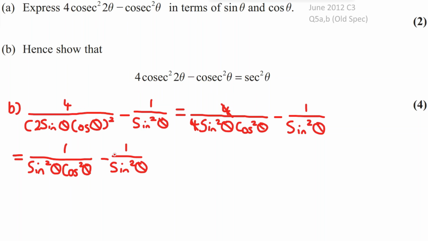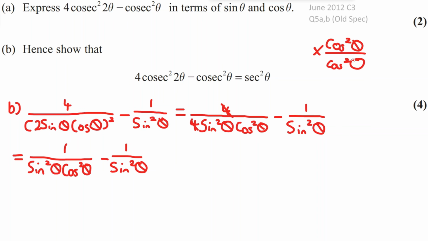Now I'll talk about this a bit more in the next video when we focus more on identities. When we have two fractions like this, the logical thing to do now is to combine them by making the denominators the same, and you usually find that there's a lot of simplifying that happens if you do that. And the way that we're going to do this is we're going to multiply this fraction here by cos squared theta over cos squared theta.